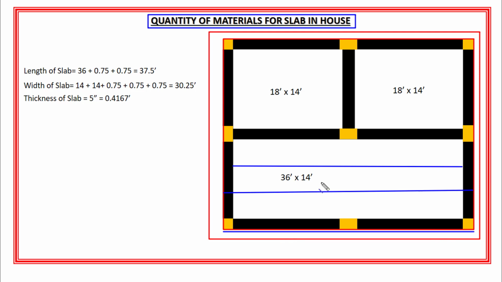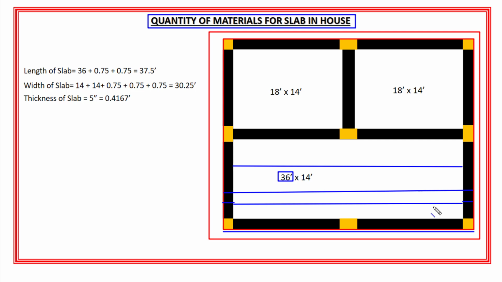Now let me show you how I will calculate the length and width of the slab for this particular house. As you can see, this is the length of the house. In this direction, I already have the length of this living room, which is 36 feet. If I take the length of the living room and add it to the thickness of these two walls, which are 9 inch, and we know that 9 inch is equal to 0.75 feet, then I will get the length of the slab.